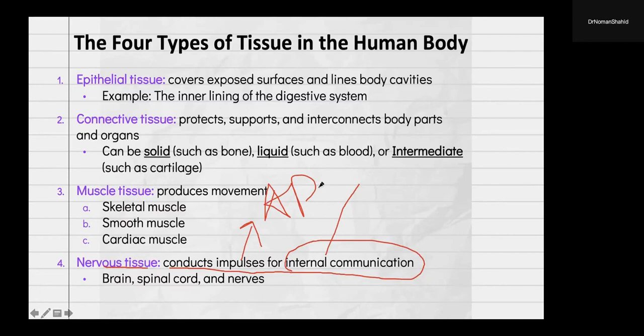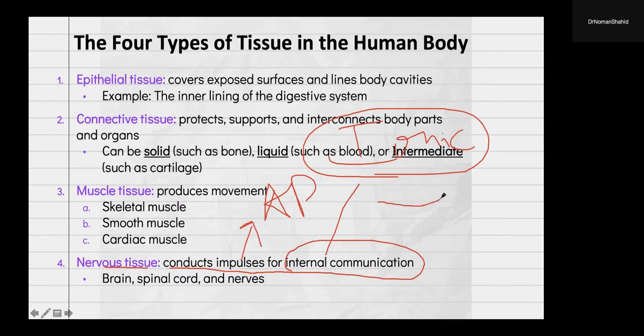Yes, and it is basically due to the ionic concentration difference, or ionic gradient. You know what a gradient is? The difference either in concentration or quality, or an electric gradient. It can be a chemical gradient, a quantitative gradient, any gradient. Gradient means difference of something in two places.